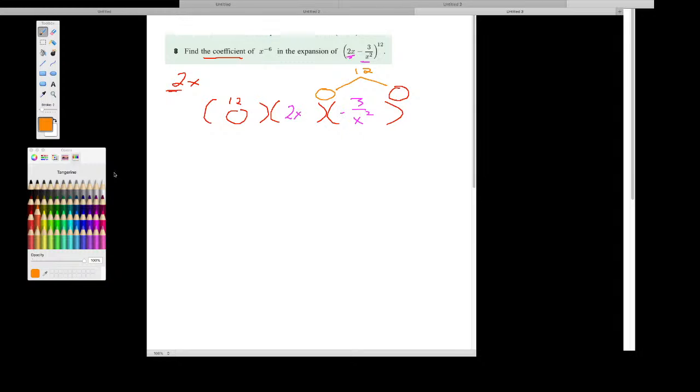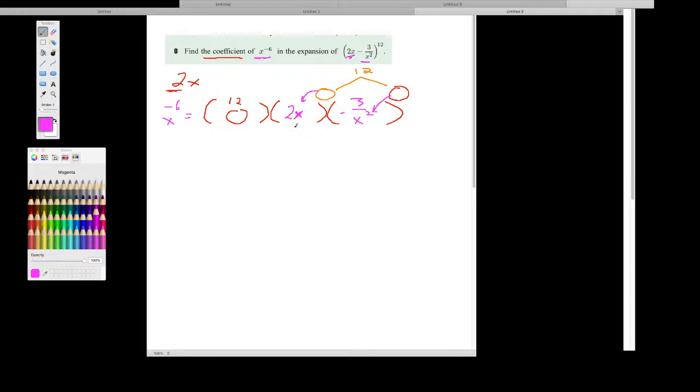On top of that, we have to make sure that when this exponent goes into this x here, and this exponent goes into this x here, and they multiply each other, we get x to the minus 6. So we're actually trying to find the x to the minus 6 term out of these 3 brackets.